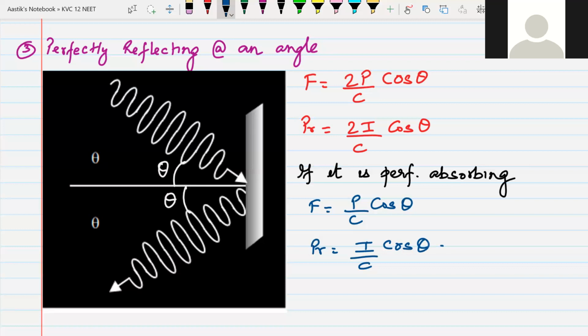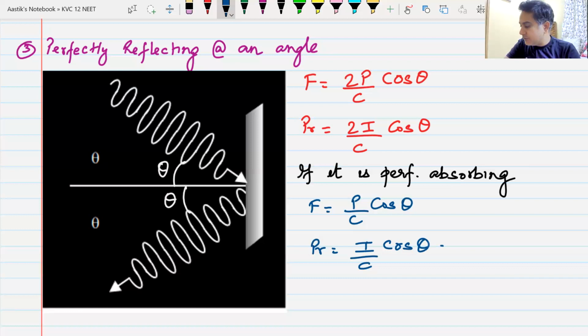Okay. So this was perfectly absorbing, perfectly reflecting. Let us move ahead.